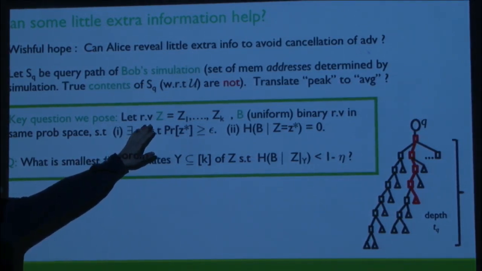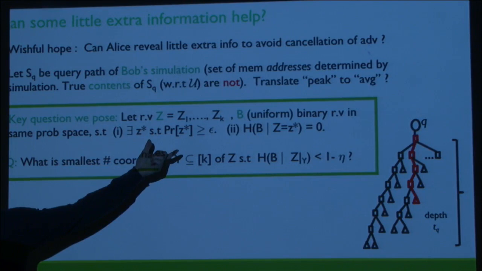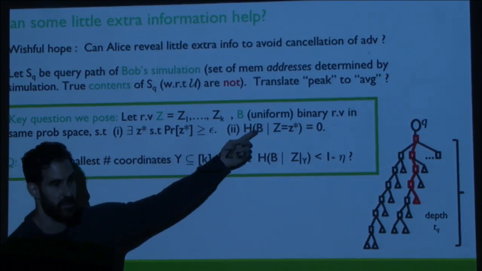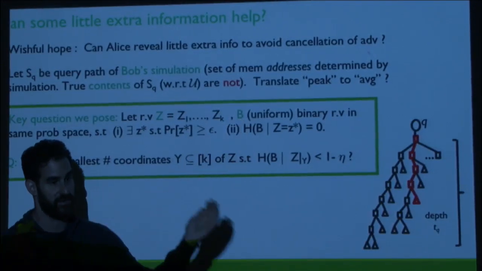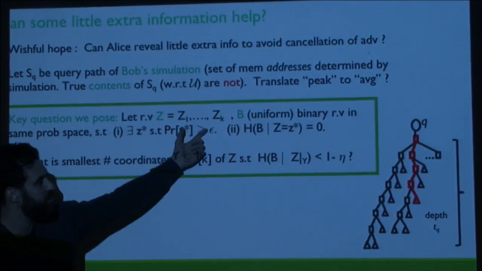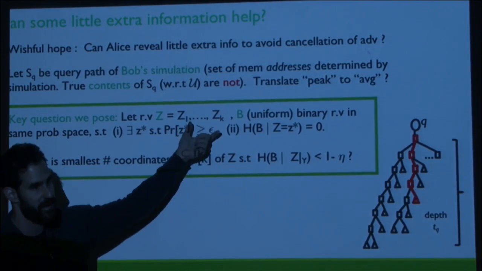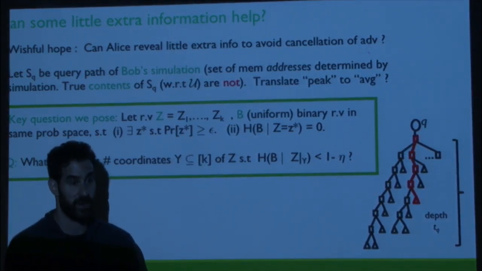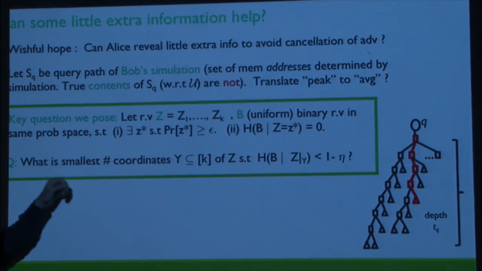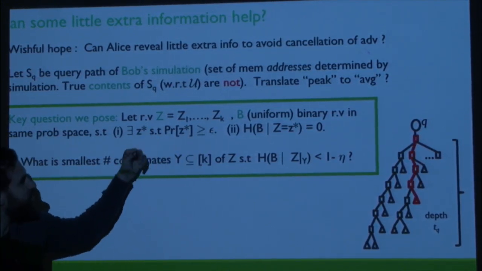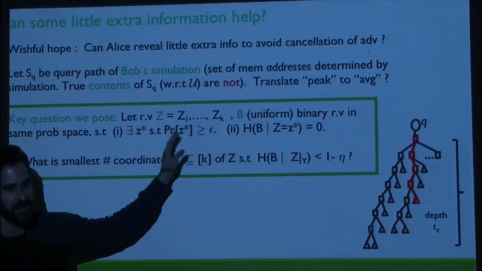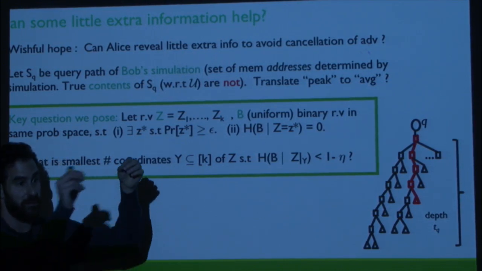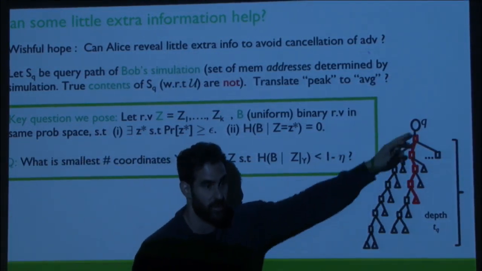So suppose you have a k-variate random variable Z, which is jointly distributed with some random variable B, which is, let's say, binary. So you have a pair of random variables: a k-binary vector Z and a random variable B. Z is going to be the memory contents of Bob's path in the decision tree in the query algorithm.